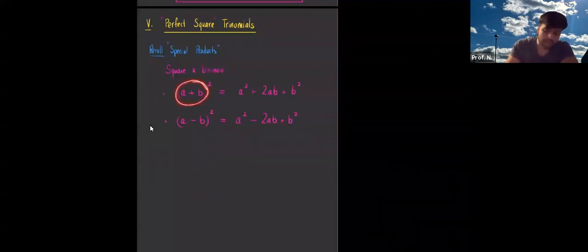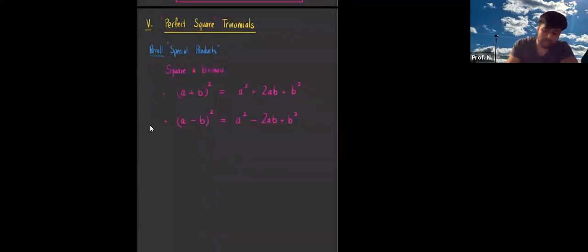And the same thing goes for (a plus b) squared. Now, that's what we talked about. The square of a binomial produces a trinomial, but the important thing now is that we're going to be going in the opposite direction. We're going to be looking at perfect square trinomials and finding the factorization of it. So that's what we're going to be interested in.